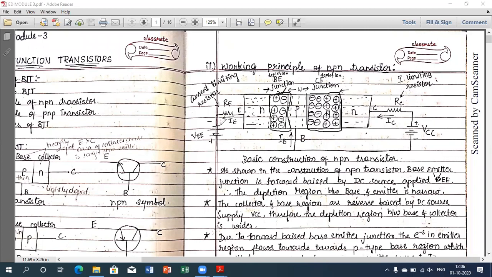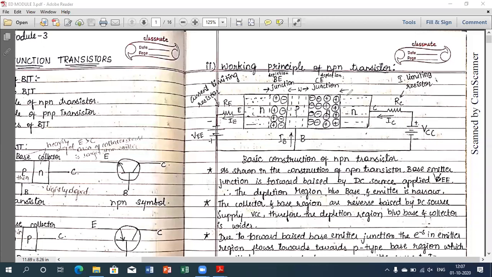From emitter to base it is narrow, and collector to base it is wider. So the width of the depletion layer is different. I hope it is clear for everyone.